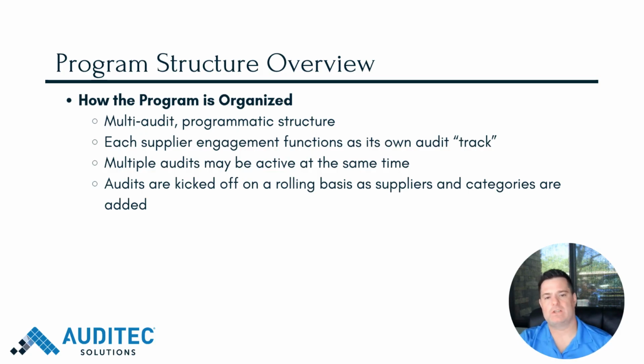And that's when the clock starts on the audit for supplier B. There's normally going to be a set time frame that we're looking at that specific supplier, and that set time frame is the track. And the track begins when the initial kickoff comes on. So you'll have a lot of different suppliers starting at different times, operating within their own time track, and you'll have multiple audits that are open at the same time, similar to a traditional contract compliance audit. Audits are kicked off on a rolling basis as suppliers and categories are added.